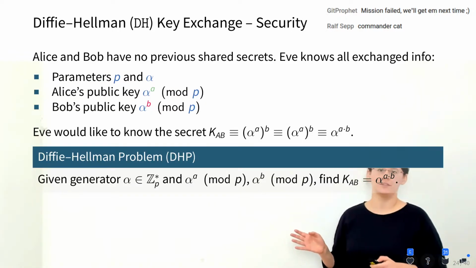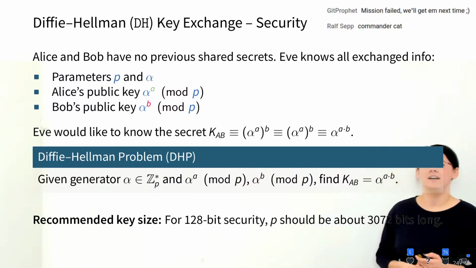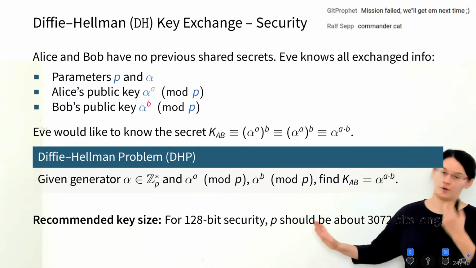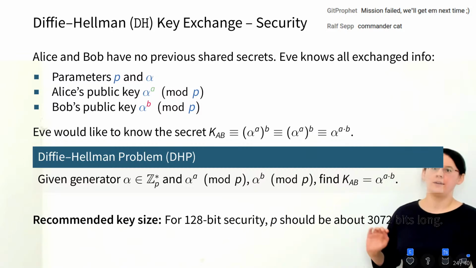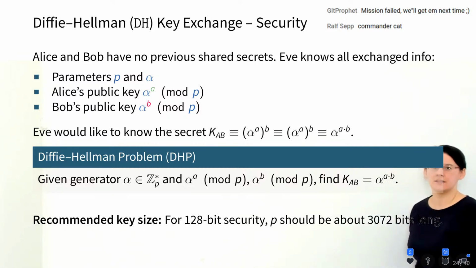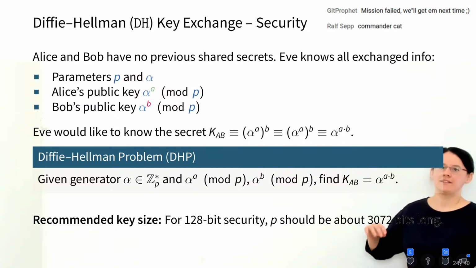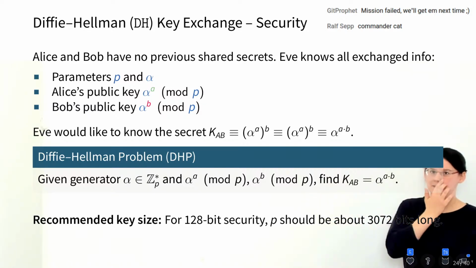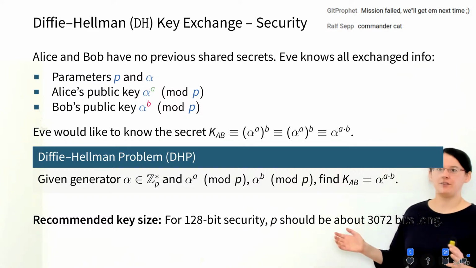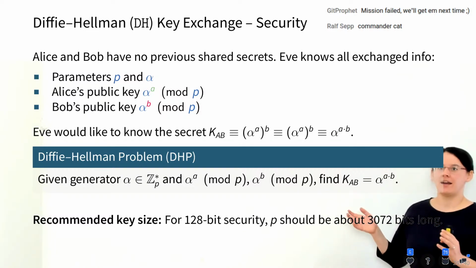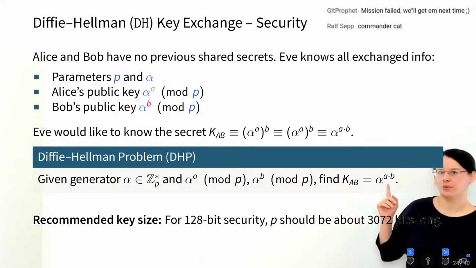So we were talking about the security, and we were saying that for the 128-bit security level, we need approximately 3000 bits of key, which is quite a lot. It means that we need to do all of these operations with really huge integers. And this also means, of course, that the exponents that we have here can also be pretty huge.